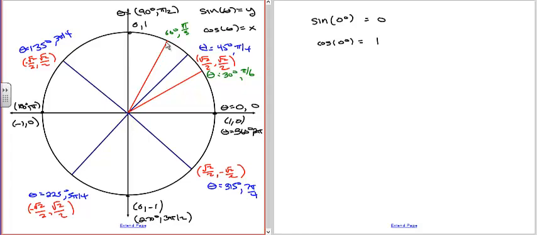Now, to find the other corresponding ones in the other quadrants, we'll do that. Break this up into 3 parts. Like that. Those are going to have coordinates too.